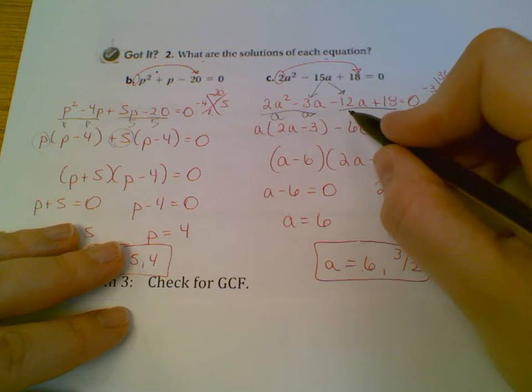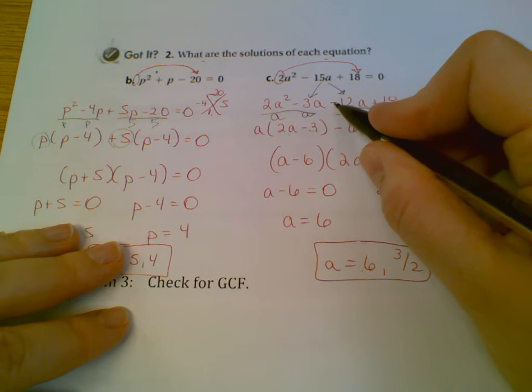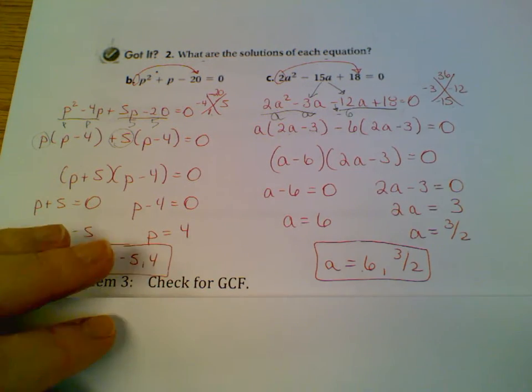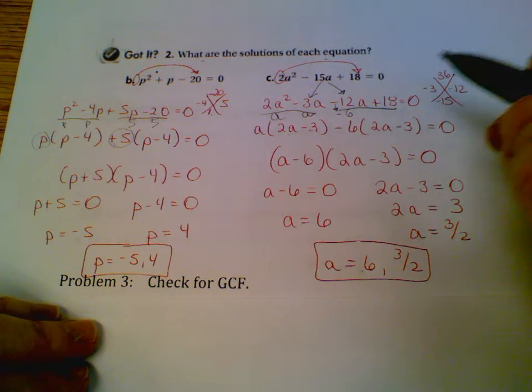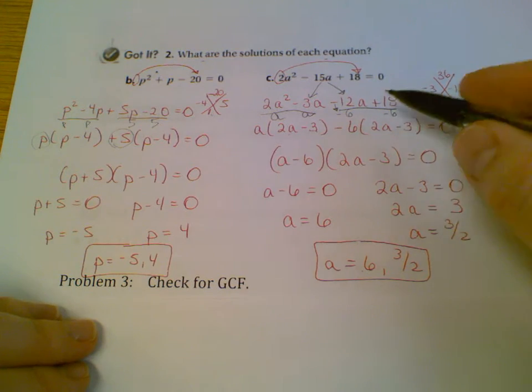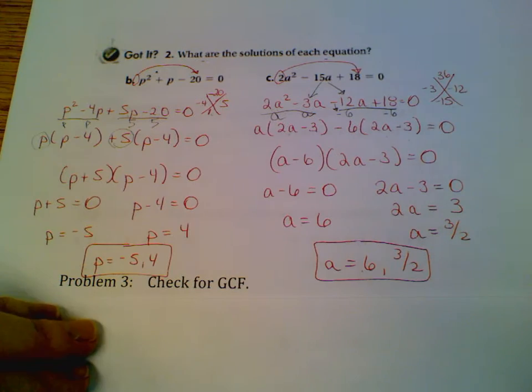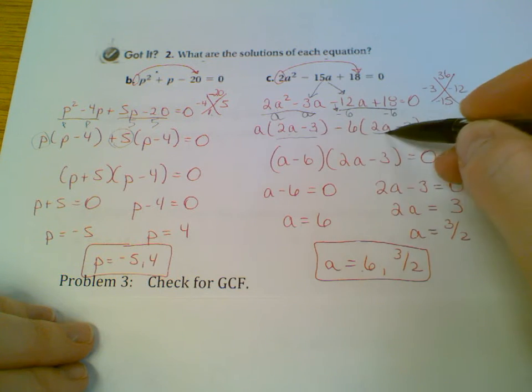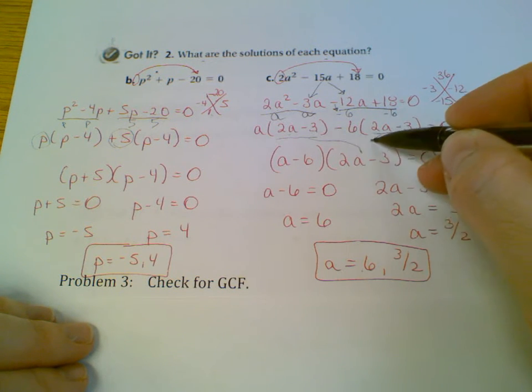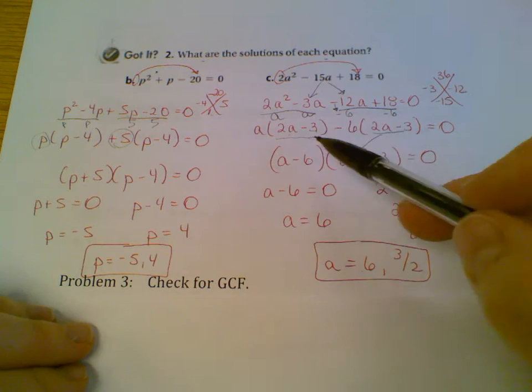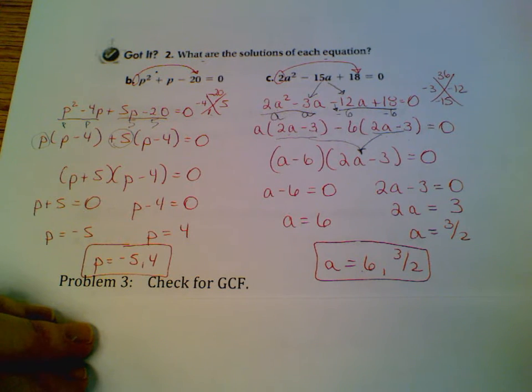The second one I'm going to need to divide by negative 6. So remember, if that first term is negative, it goes with it. So I'm going to divide them both by negative 6, so I get positive 2a and negative 3. Now I can rewrite my factors. So 2a minus 3 comes together, and then my a minus 6 goes together for the other one.